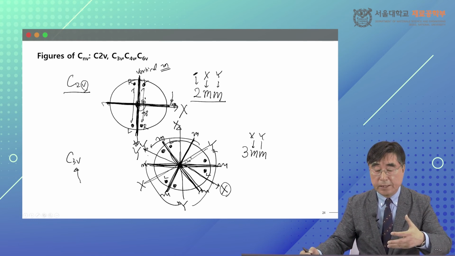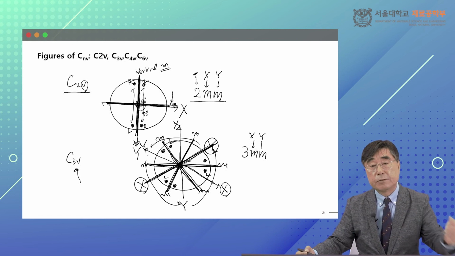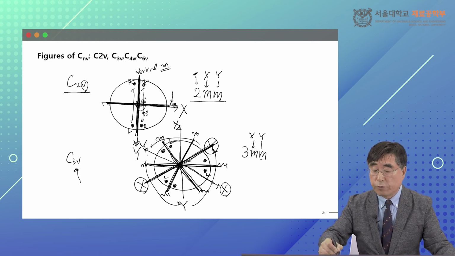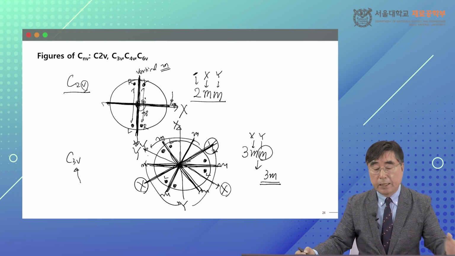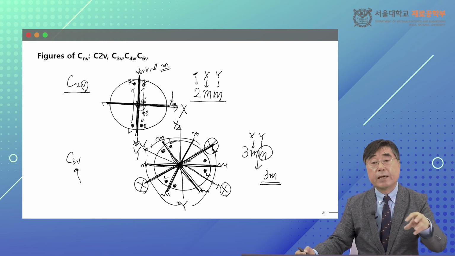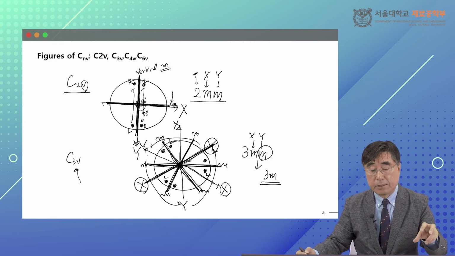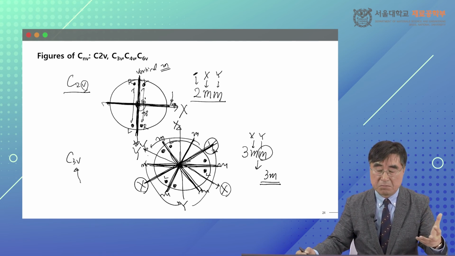But as you can see, basically the x-axis and y-axis are the same because an axis is defined by straight lines. So you don't have to write down this m. So the international symbol is written as 3m. And this 120-degree, 3-fold rotation operation does not have 180-degree rotation operation components in there. So there are no inversion centers, of course. So this one is just written as 3m.